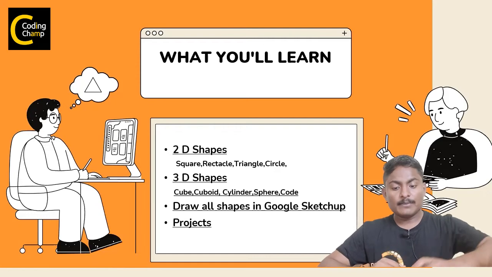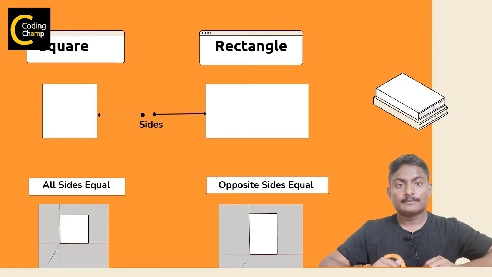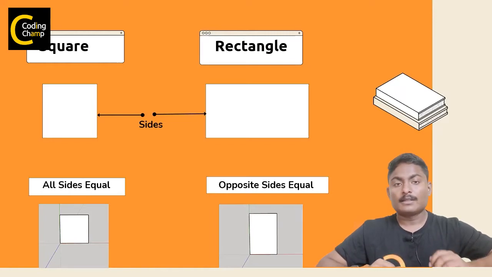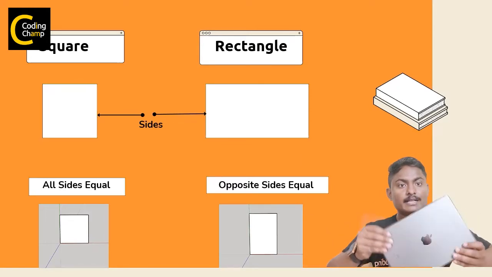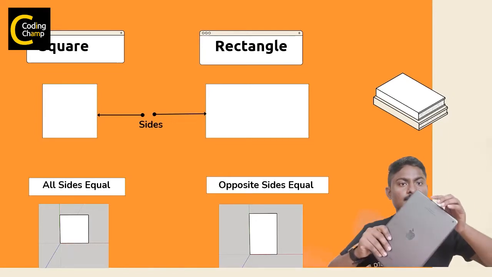So the first shape we are going to learn is a square. What is a square? A square is when a shape has equal sides. For example, if I show you this object, this is called a side.